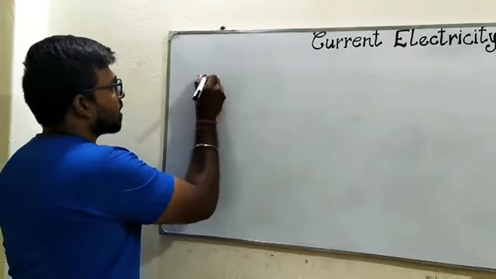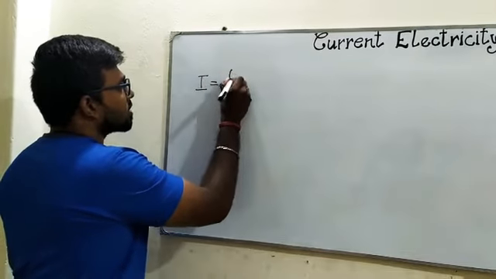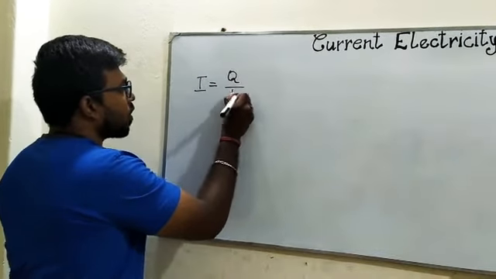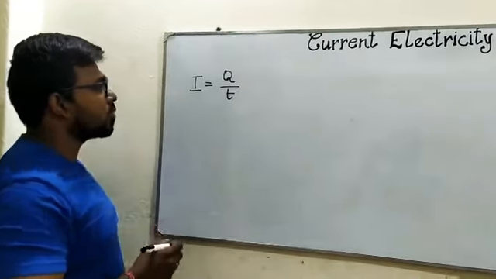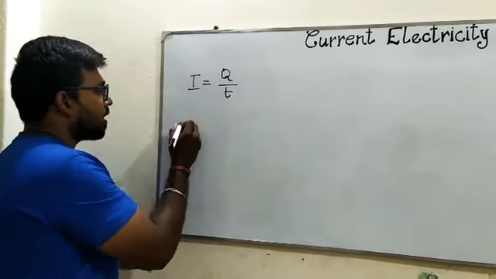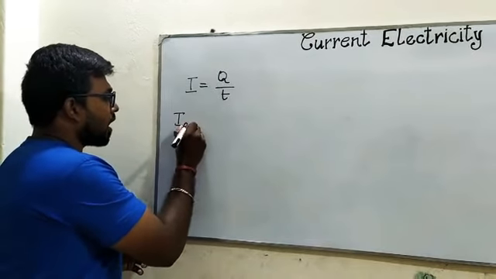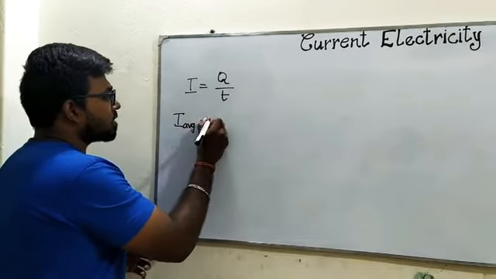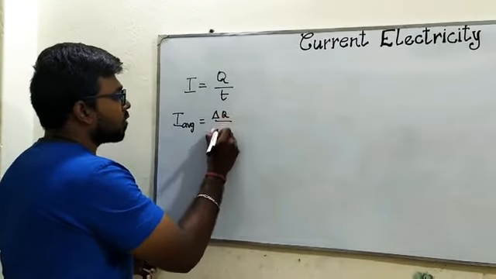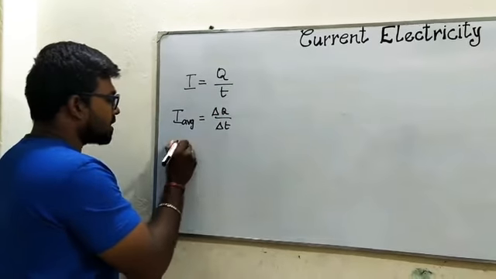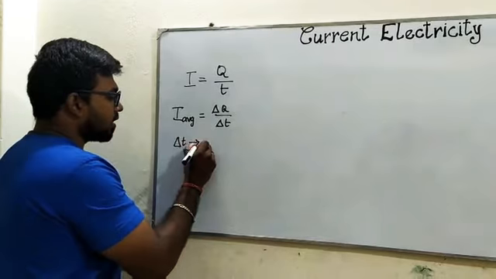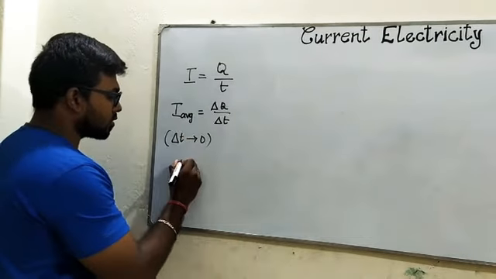As said, electric current is defined as the rate of flow of charge. So I equals Q by t. The flow of charges is not constant, so we take I average equal to delta Q by delta t. For instantaneous current I, delta t tends to 0.